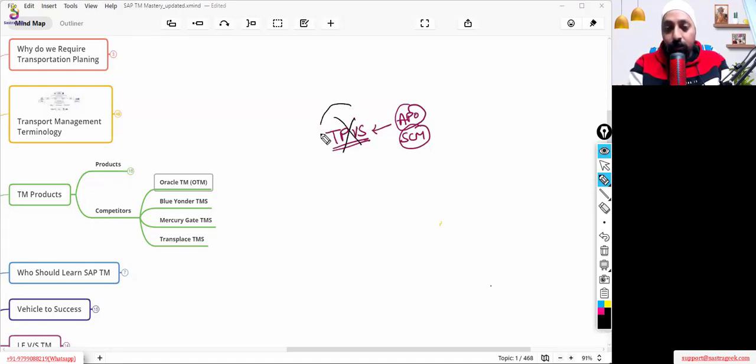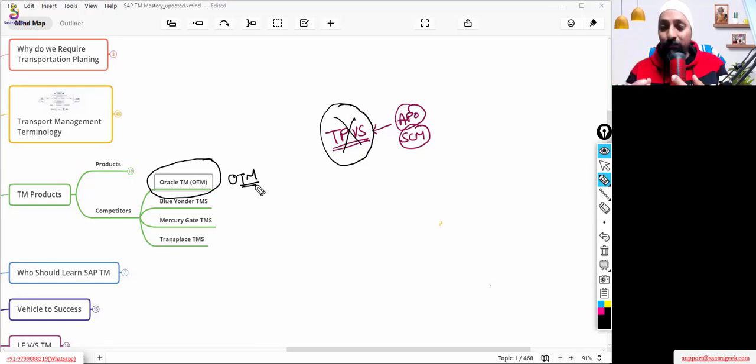So when SAP was working on TPVS, where they found the failure, Oracle worked onto the OTM, Oracle Transport Management, and they found a good success with the Oracle Transport Management, and OTM became a flagship runner in the transport management market. Although SAP is always a flagship runner in overall ERP, but for a particular transport management solution, OTM became a flagship runner.